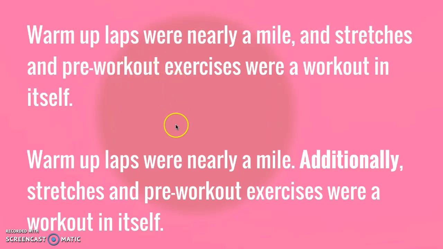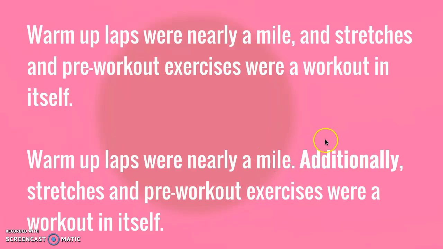So if we change one of those, we end up with: "Warm-up laps were nearly a mile. Additionally, stretches and pre-workout exercises were a workout in itself." So we can add this "additionally" instead of the "and" here. It adds variety to this sentence, and it really indicates to the reader that what we said here is now going to be added to.